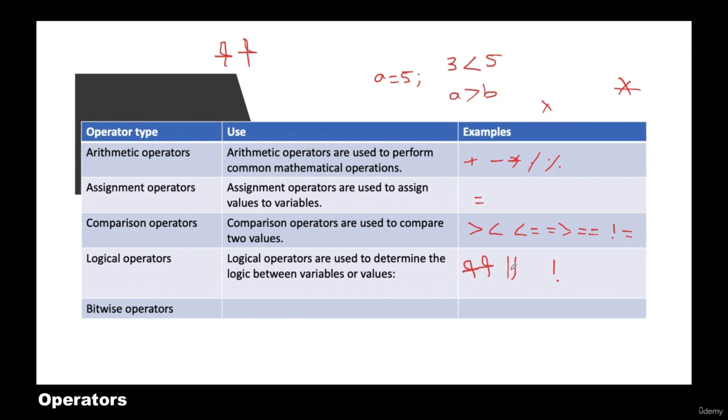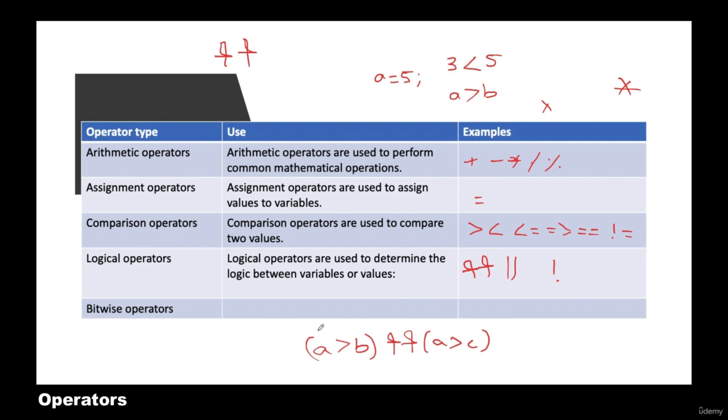And for OR, I can show you examples as well for easiness. A greater than B and A greater than C. This is an example of using the AND operator. This condition will be true only if A greater than B and A greater than C at the same time. Then only this expression is true.